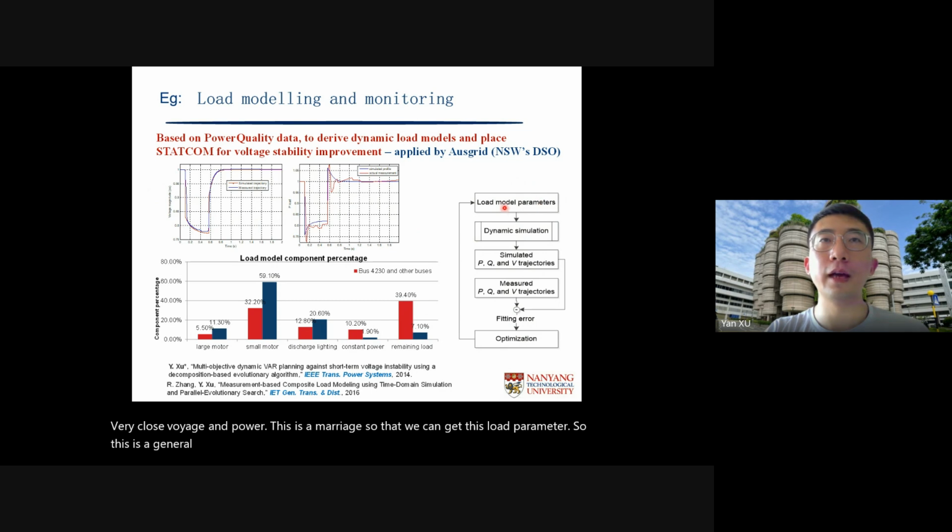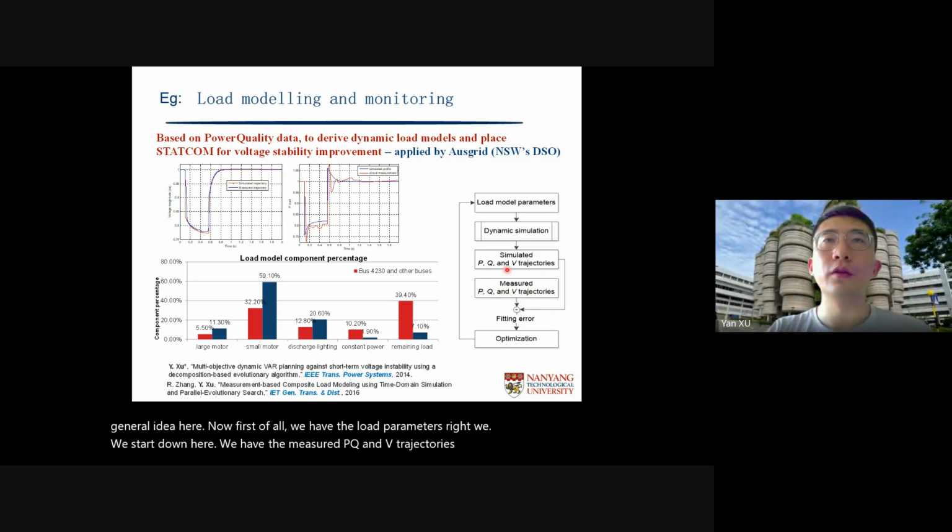Now, we start from here. We have the measured PQ and V trajectories, and we set the original load parameters. Then we do dynamic simulation and simulate the PQ and V trajectories.